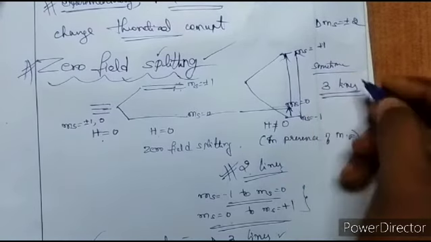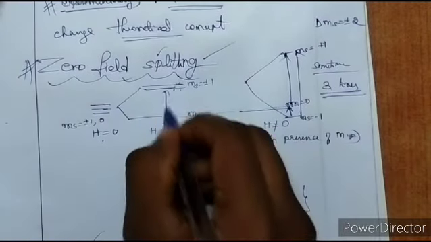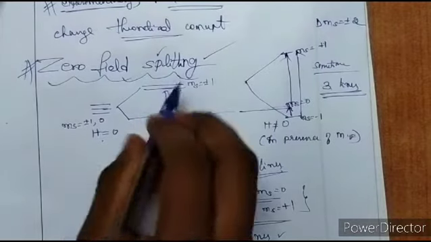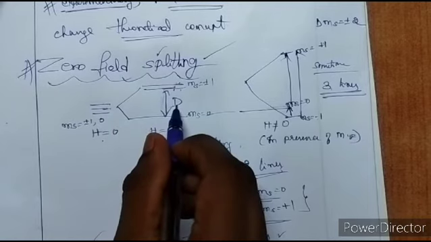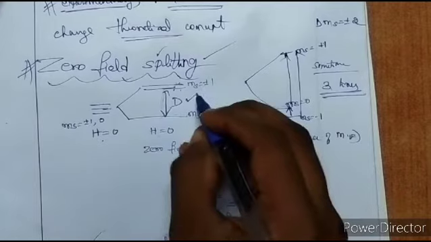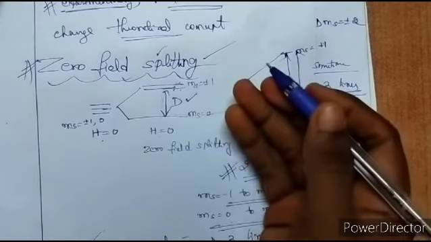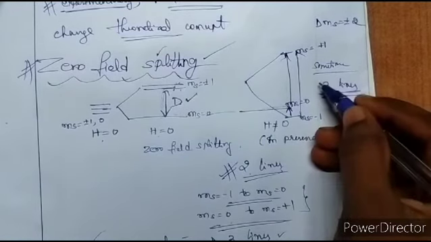That depends upon the distance. That depends upon what? The dipolar shift. The gap between these two levels is called D, the dipolar shift.